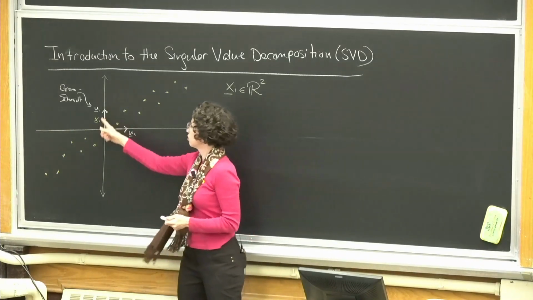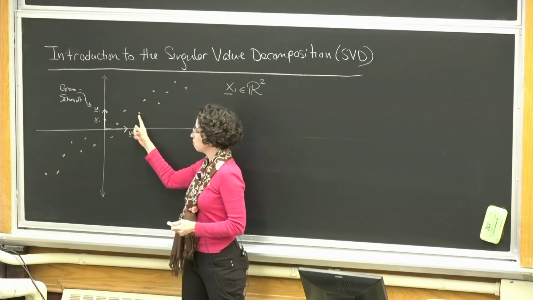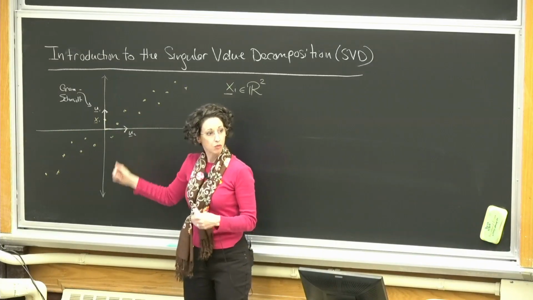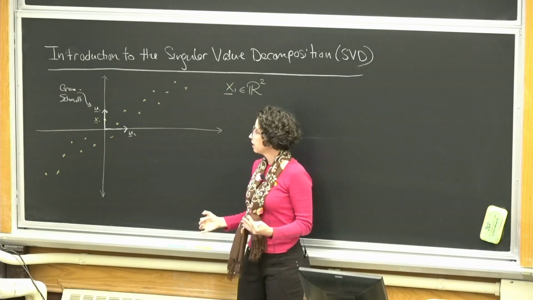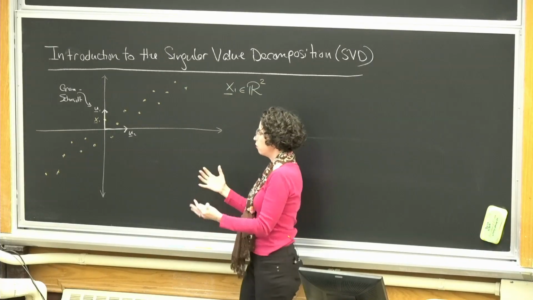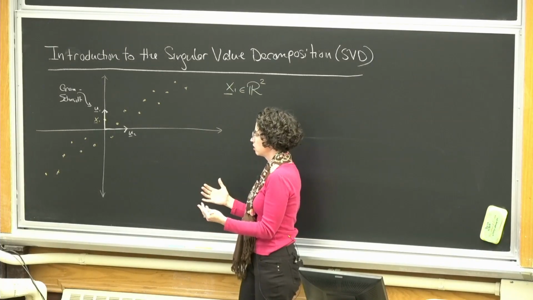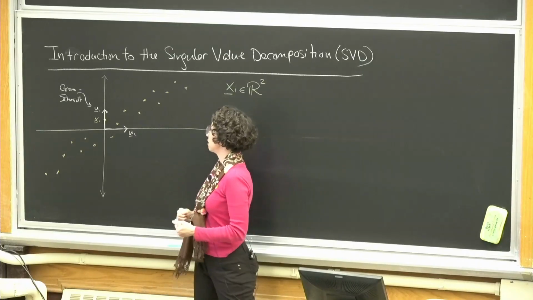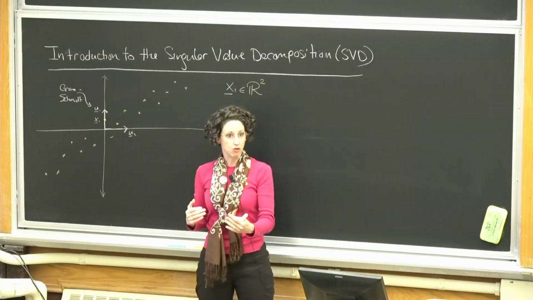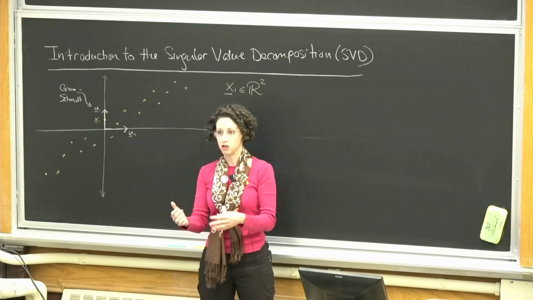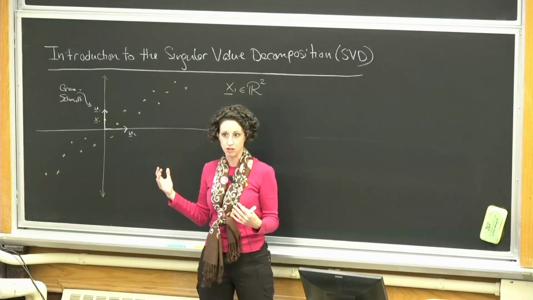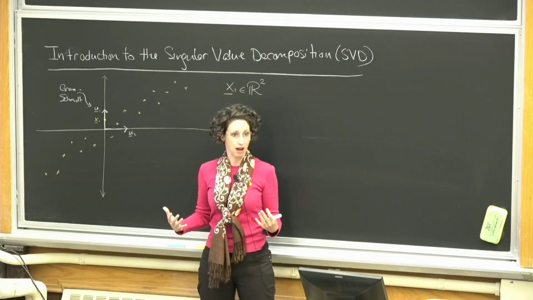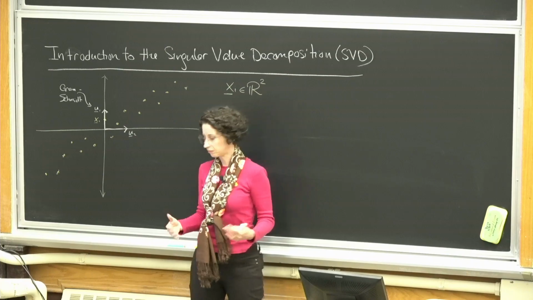But other than that, these are the two basis vectors that we would learn for this data set. And one of the things that we said last week is that if we were to just shuffle the order of all the xi's so that x1 was a different data point, then we would have a different u1 and a different u2. Every time we shuffle the order of these exact same data points, we get a different basis out of the Gram-Schmidt procedure.